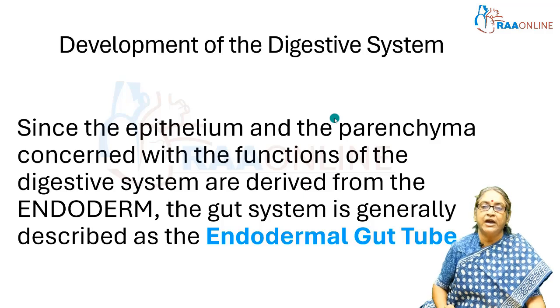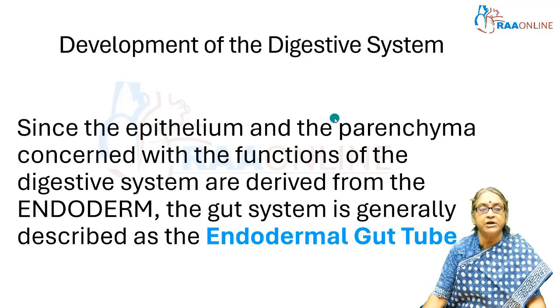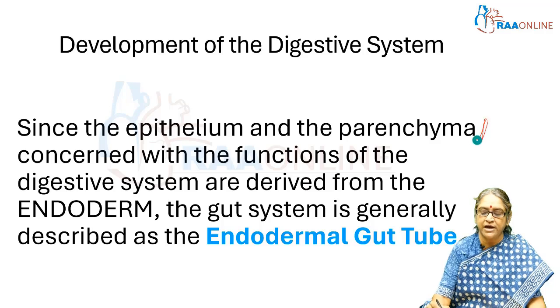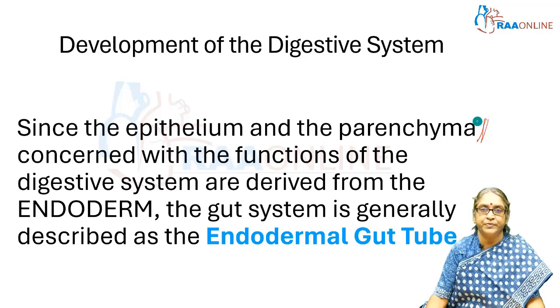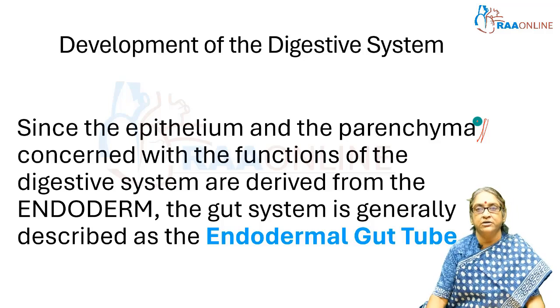Nevertheless, the epithelium and the parenchyma are concerned with the functions of the digestive system. The epithelium will also contribute to the glandular elements, and the parenchyma is that functional component, the bulk of the tissue, the bulk of the organ.